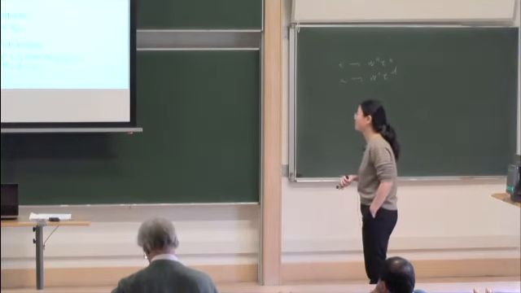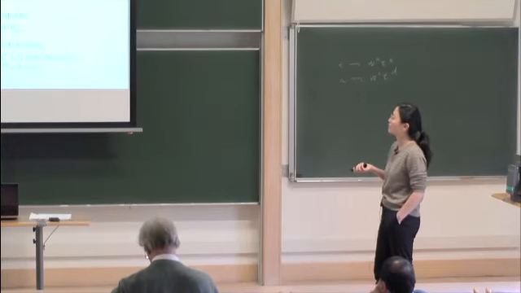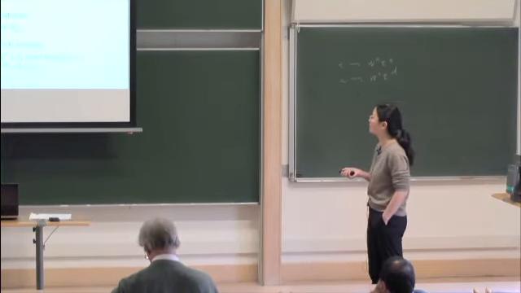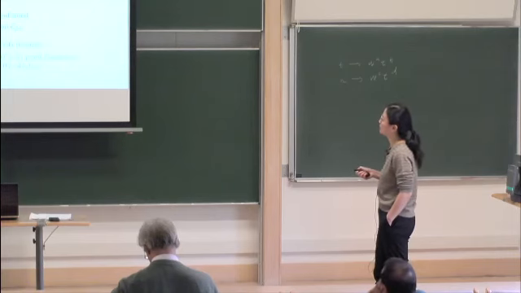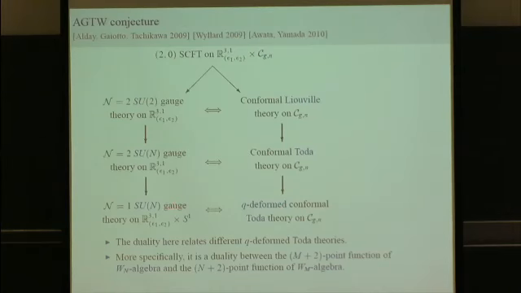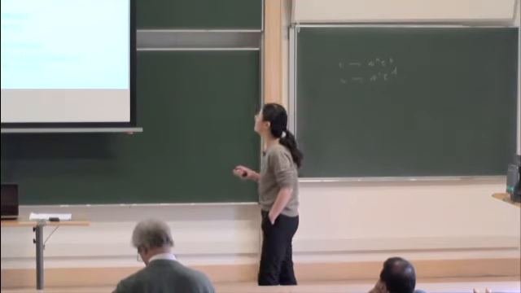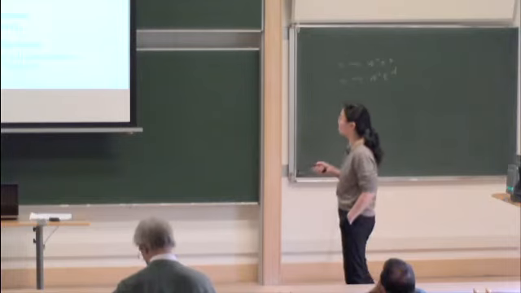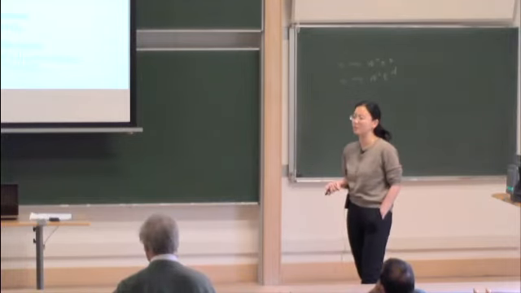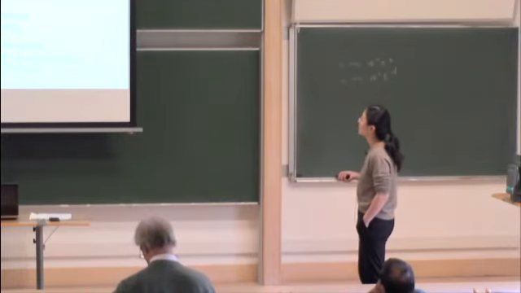So the duality that we have checked could be a way to explore the five-dimensional AGT conjecture. The five-dimensional AGT conjecture has been proposed previously, so it is probable that it is true.